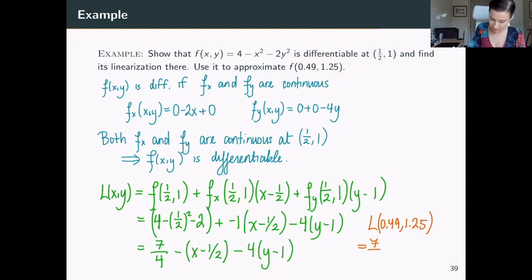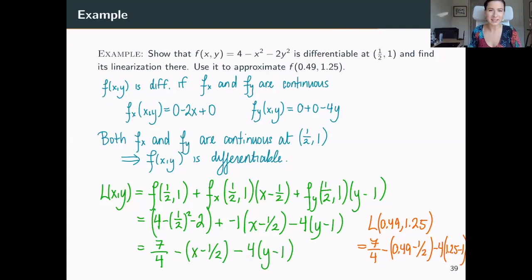So we get 7/4 minus 0.49 minus 1/2 and minus 4 times 1.25 minus 1. I'll leave you to finish this up and find out that final value.